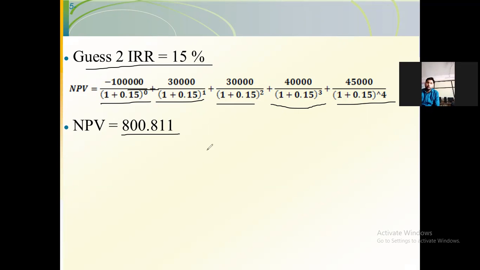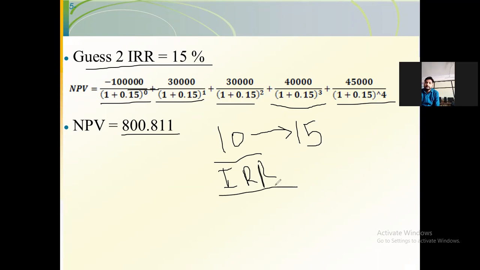800.811. Now here what you need to understand while doing the calculation is that when we increase the IRR from 10% to 15%, only by 5%, our NPV decreased from 12K to 800.